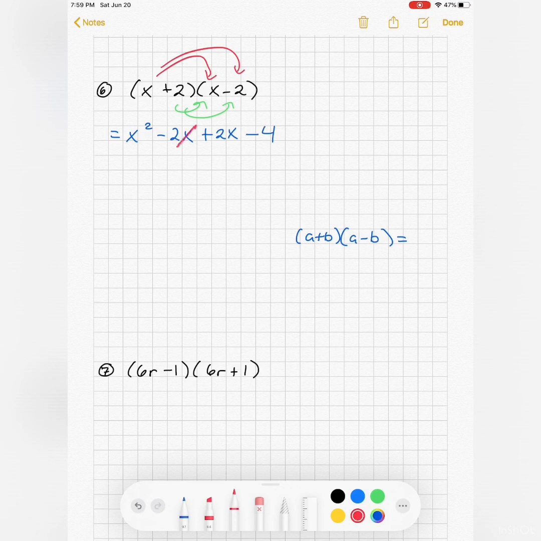What's interesting here is those middle terms, those linear terms, actually cancel out. And so that just leaves me with a squared minus b squared.